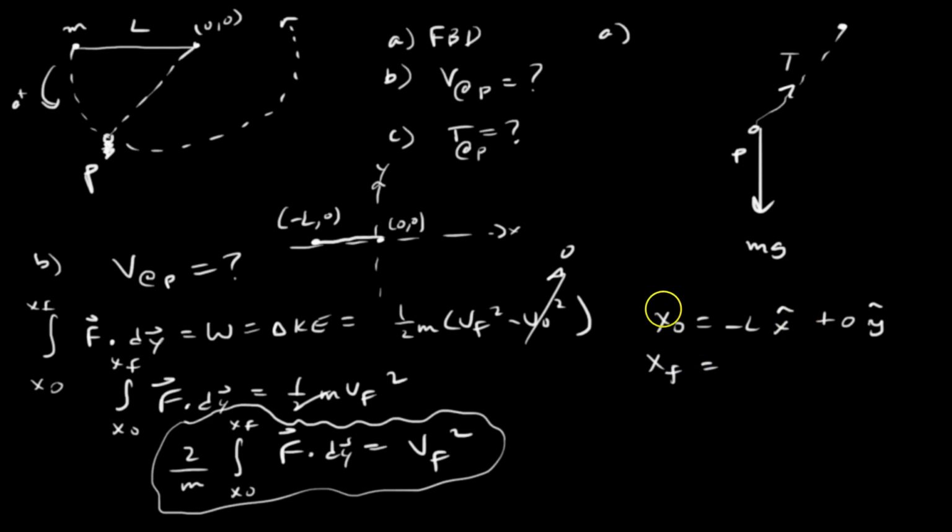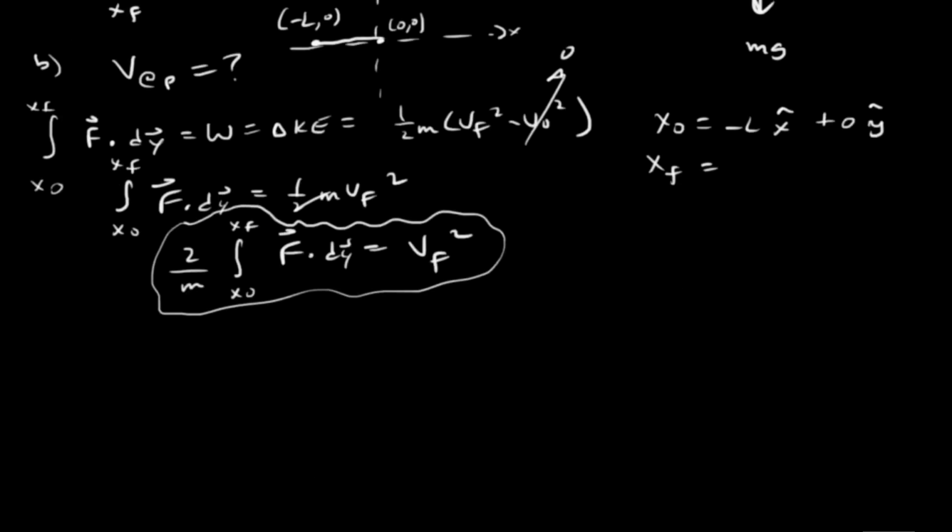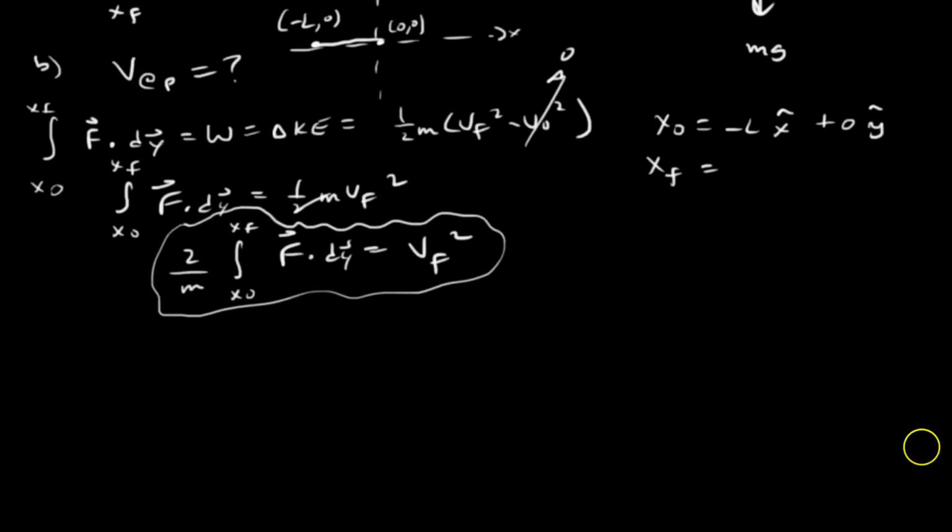So now xf. This is where we run into some trouble, because xf is the position here. And how do we find the position here? It's not that simple, right? So we're going to need another drawing here, a better one.